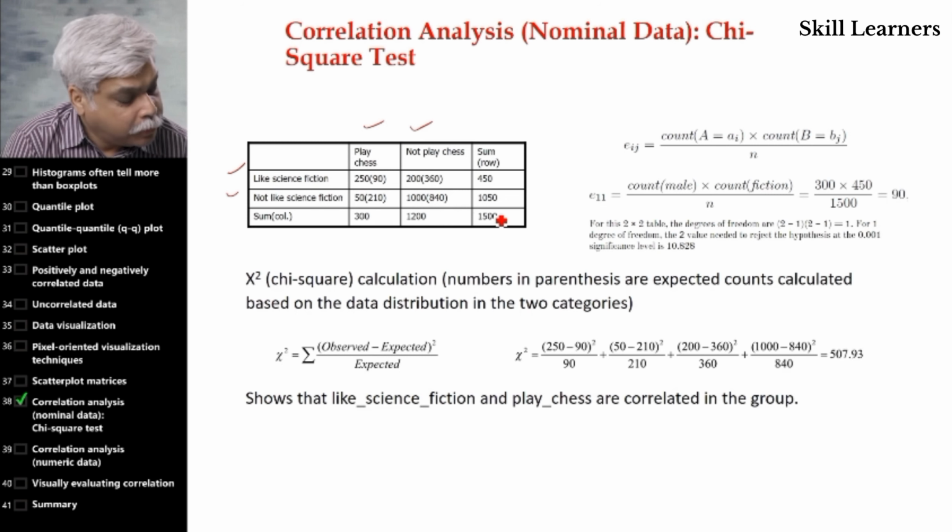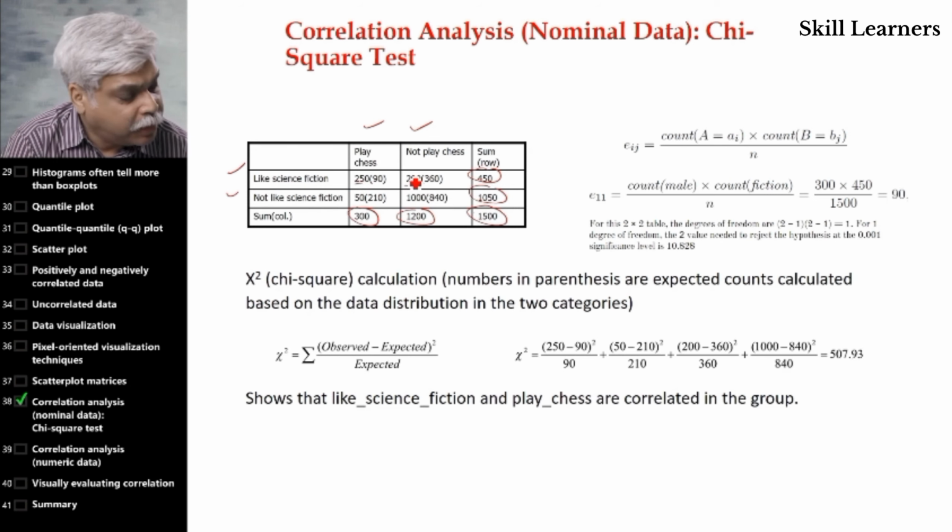Of the 1,500 observations in this sample, 300 play chess, therefore 1,200 do not. 450 like science fiction, therefore 1,050 do not. And this 450 is composed of 250 who also play chess and 200 who do not play chess.